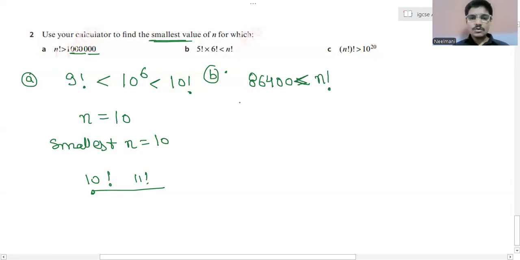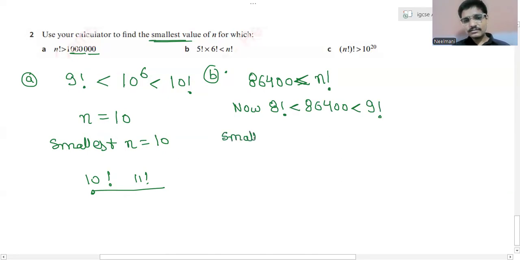Now, 8 factorial, if you see, is less than 86400, you can check in your calculator, which in turn is less than 9 factorial. So again, what is the smallest value of n here? The smallest value of n here is 9.